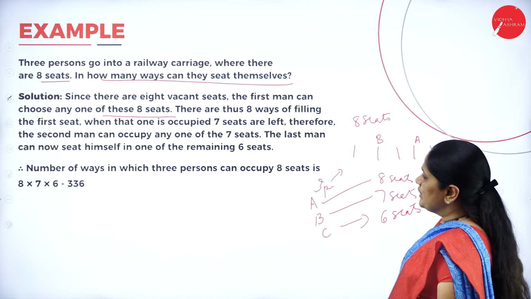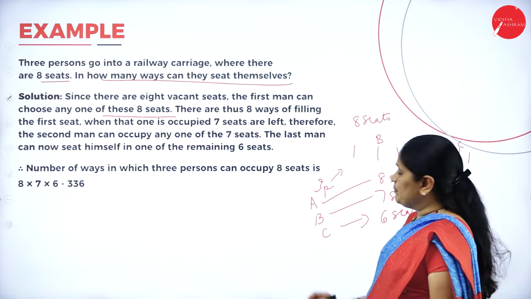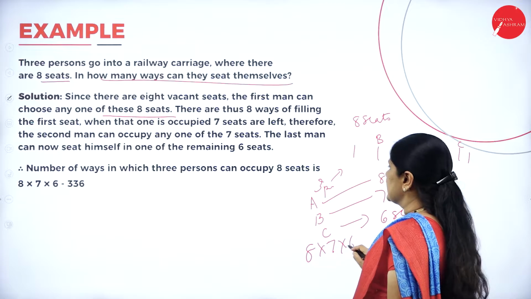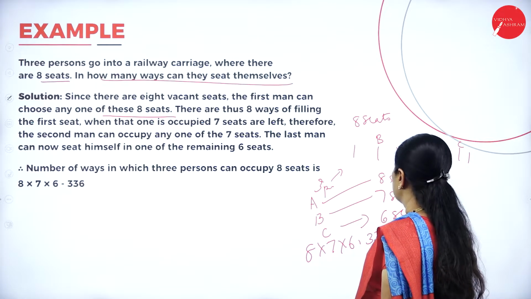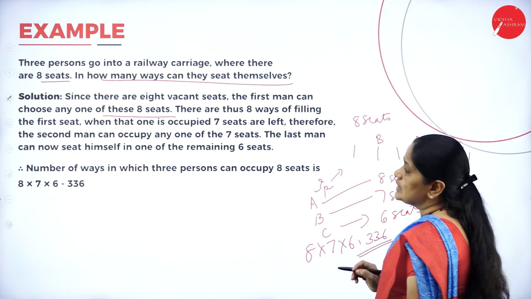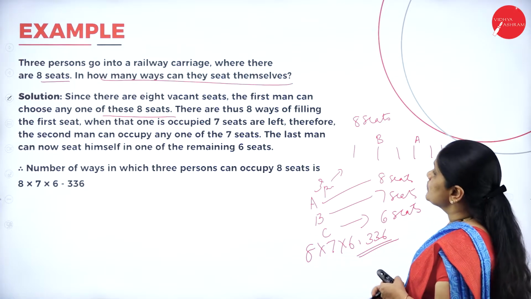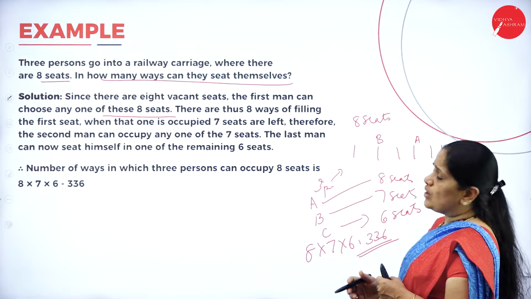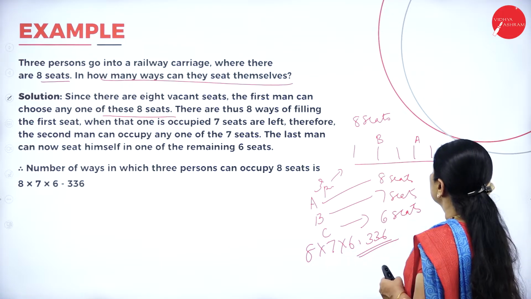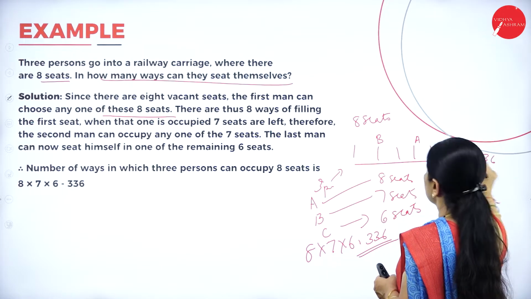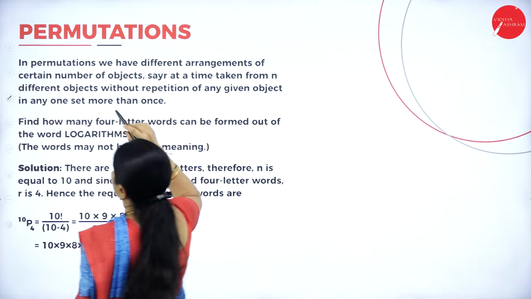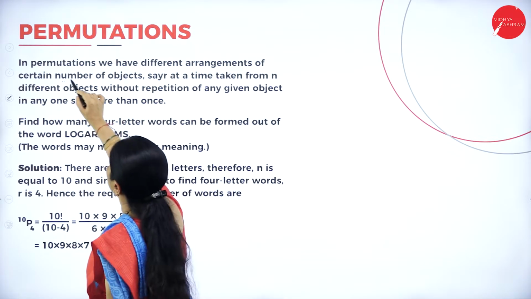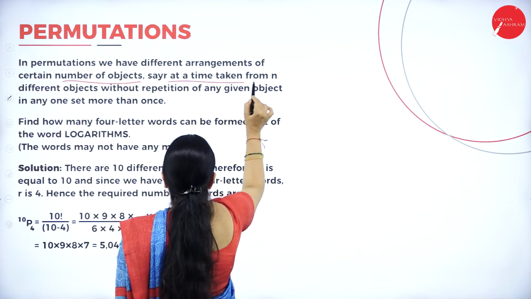The number of ways in which 3 persons can occupy the seats is 8 into 7 into 6, that is 336 ways. So, there are 336 ways of occupying the seats. So, 3 persons can occupy 8 seats in 336 ways.